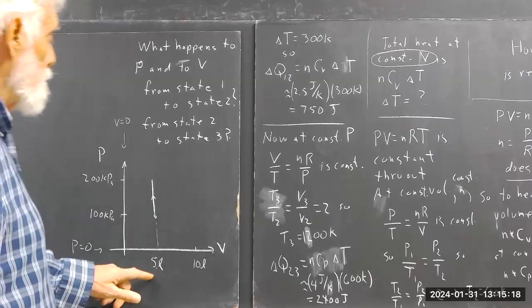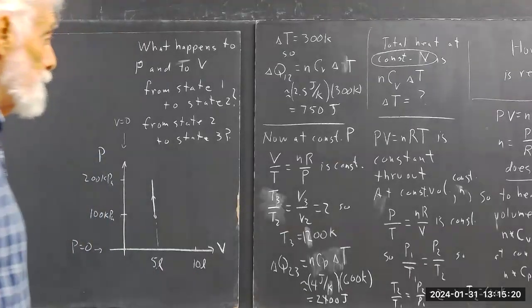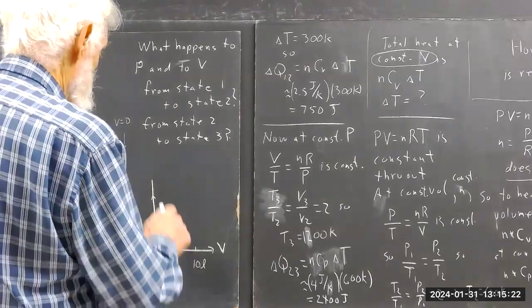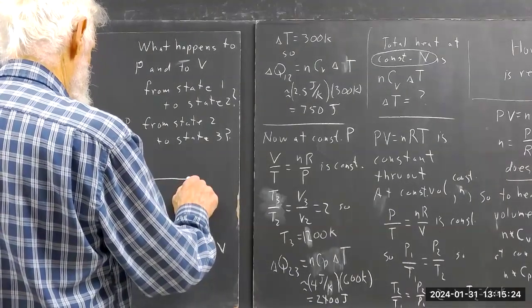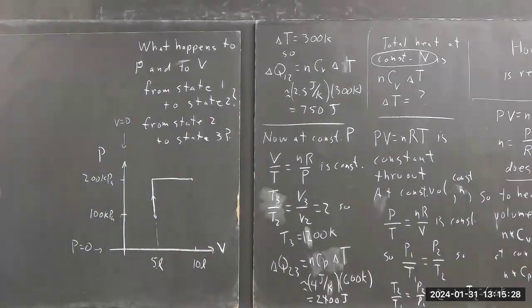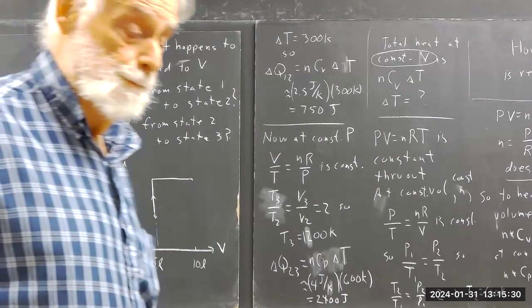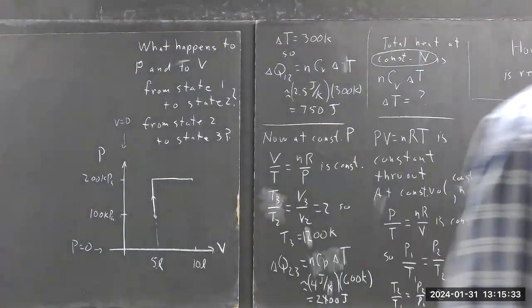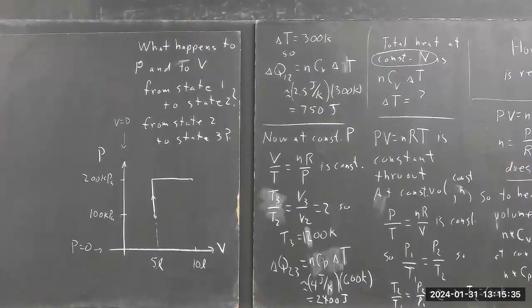Then we go from 5 to 10 liters, and the pressure stays at 200 kilopascals. Well, there we have it. Now, how much work between state one and state two has the gas done?